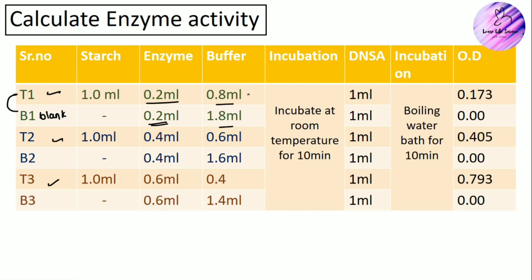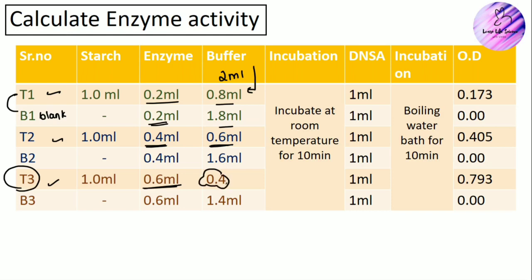We are using buffer and making up the volume to 2 ml. Similarly, in test 2 we are increasing the enzyme to 0.4 ml and adding 0.6 ml buffer.